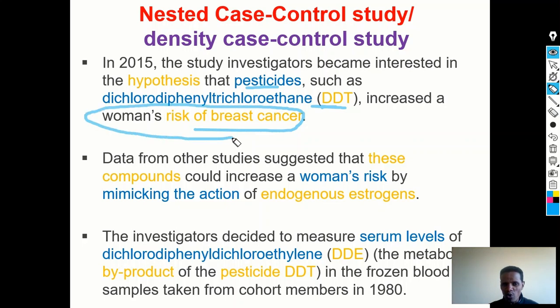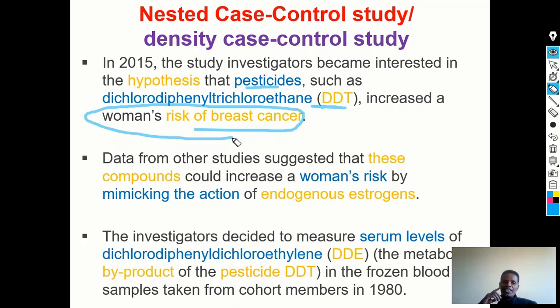They started to hypothesize that there could be a risk of developing breast cancer because of pesticides such as DDT. That is the hypothesis which came to their mind after 35 years, in 2015.